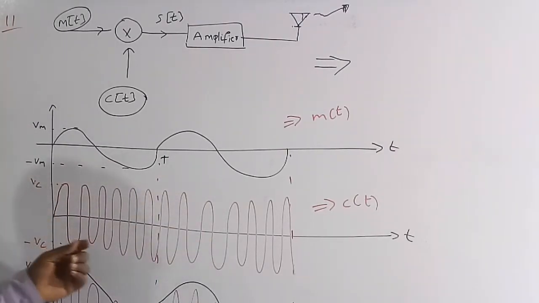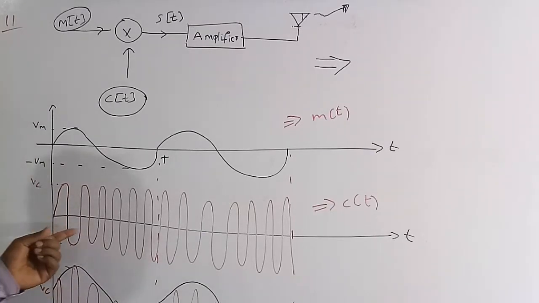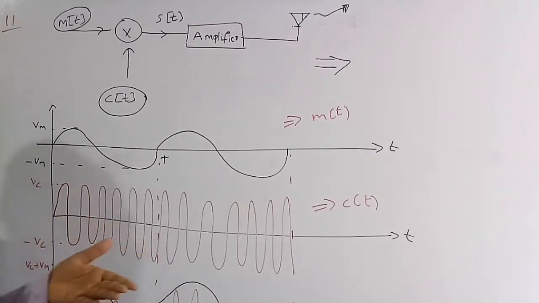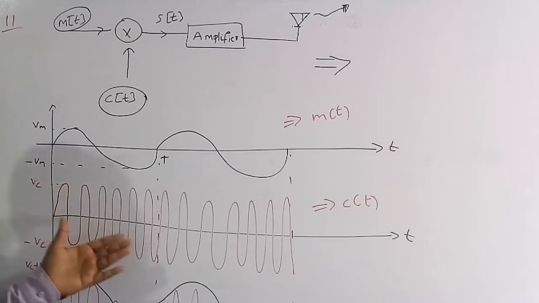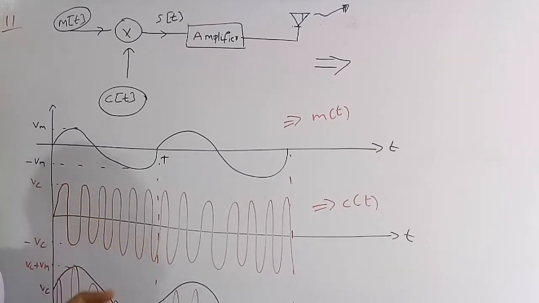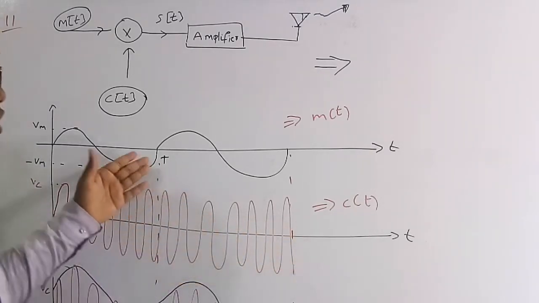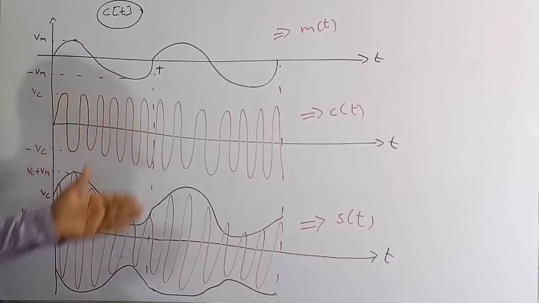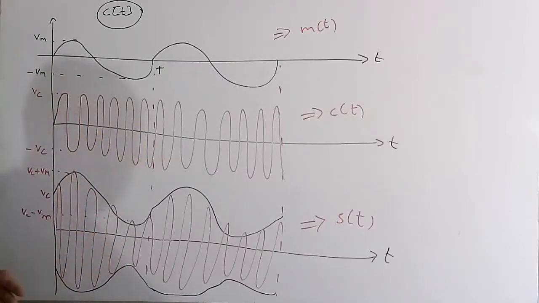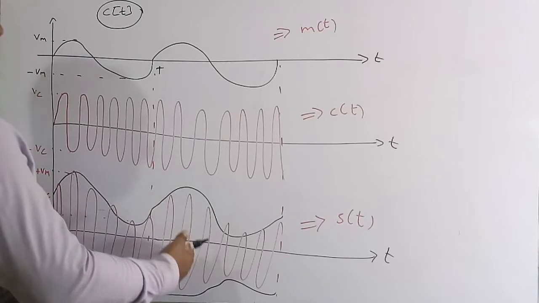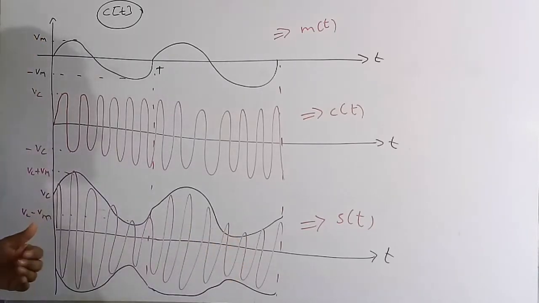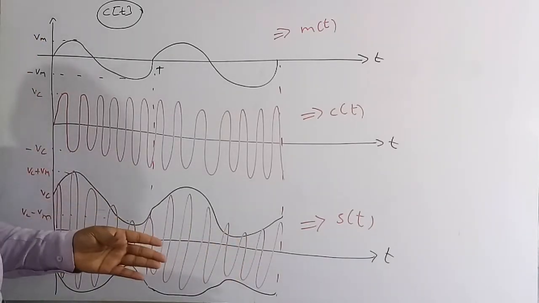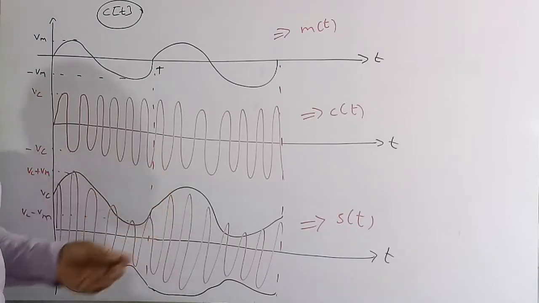And the carrier we are going to use is a high frequency signal, meaning in a given time period, the number of waves is very large. That is the reason it is called a high frequency signal. So this is c(t). Now by using this modulation process, we get this output, s(t). This output we give to the amplifier, and then we send it to the transmitter.